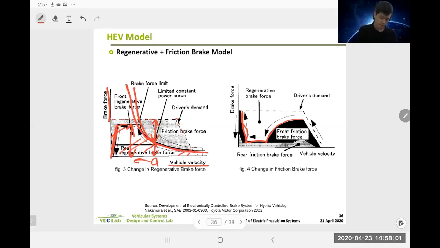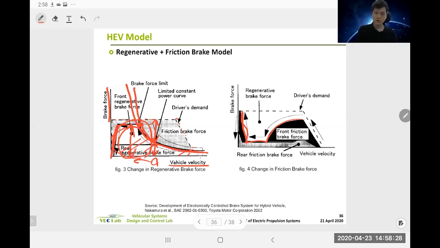So this and this are the same power, but if you operate at lower speed and apply low braking force, then most of that energy can be recuperated.